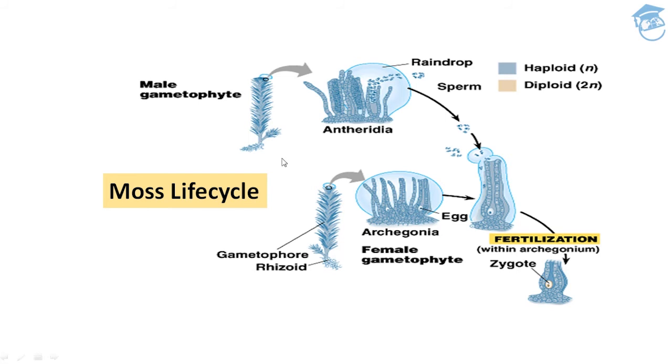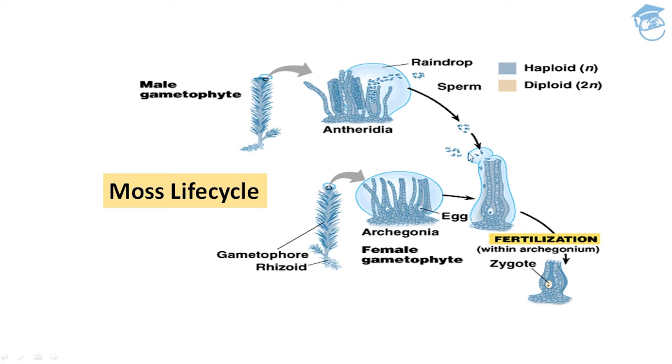See, this is the male gametophyte which produces antheridia, and by water drop, dispersal takes place and a sperm gets dispersed and reaches the archegonium, which is a female reproductive part where the egg is present inside it, and this sperm fertilizes this egg.